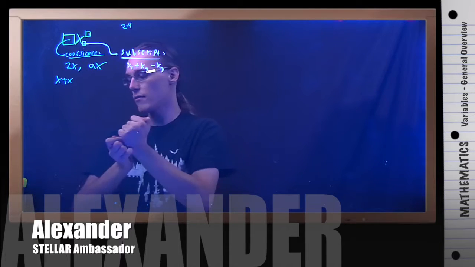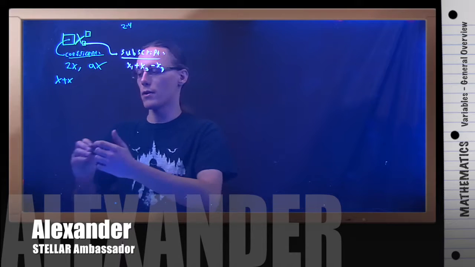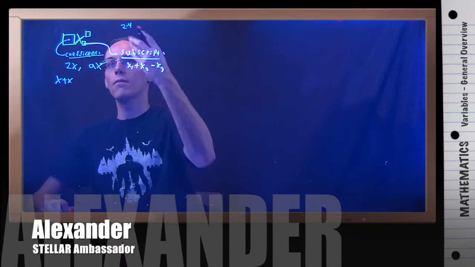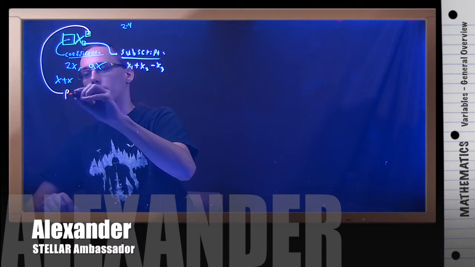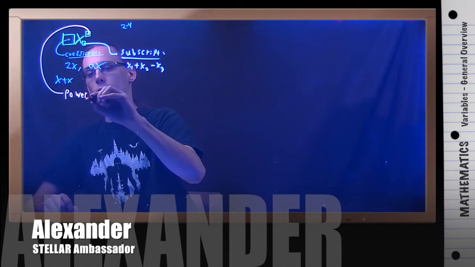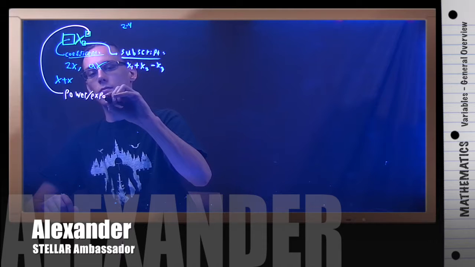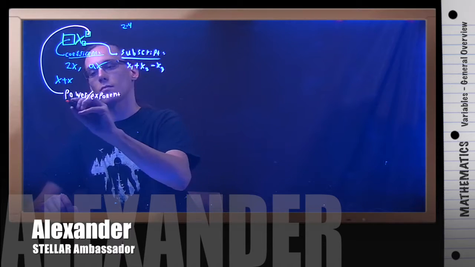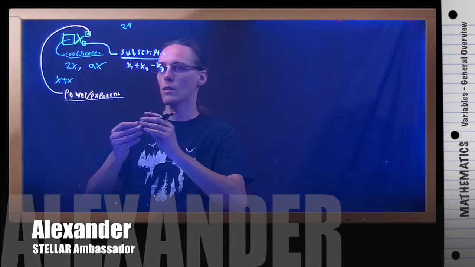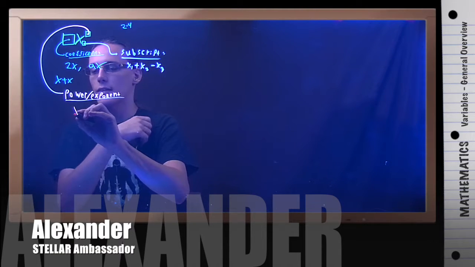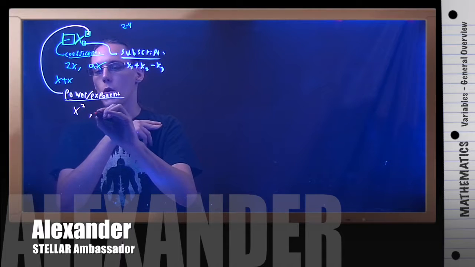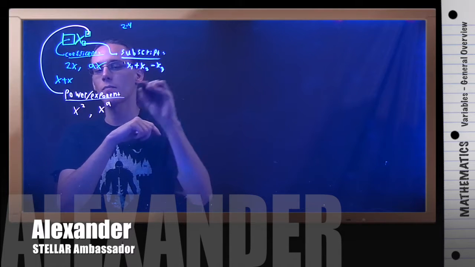The next thing we have is the exponent, or the power, and that's right up here. And let me write an example. Let's say I had x squared, or maybe x to the a.